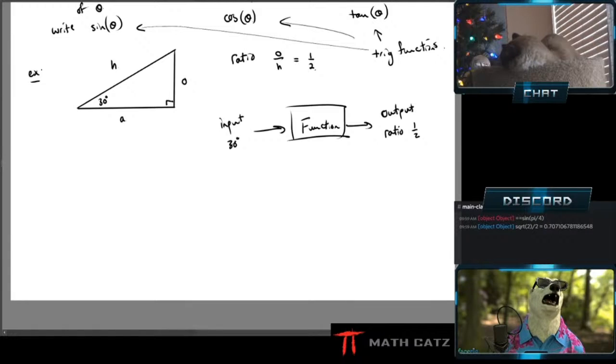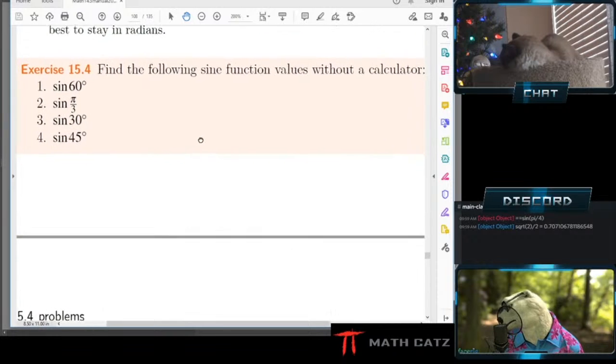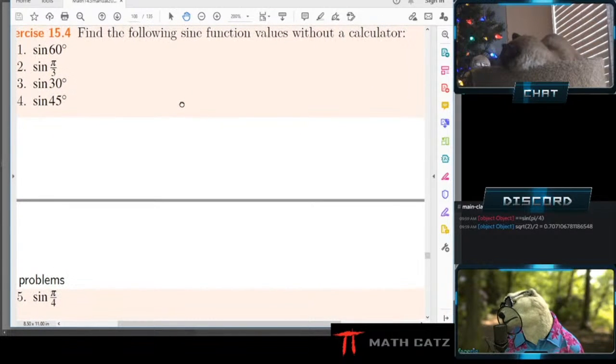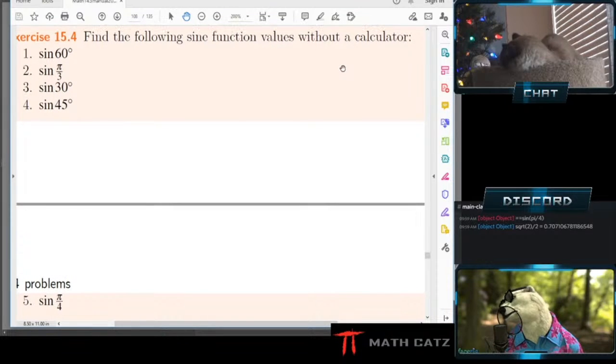Having done that, you may have noticed that the question in the book was originally to calculate these function values without a calculator. It gives us some insight that'll help us for our word problems.